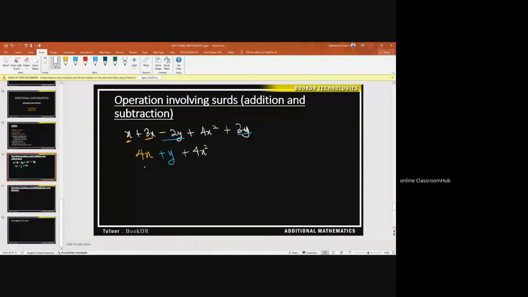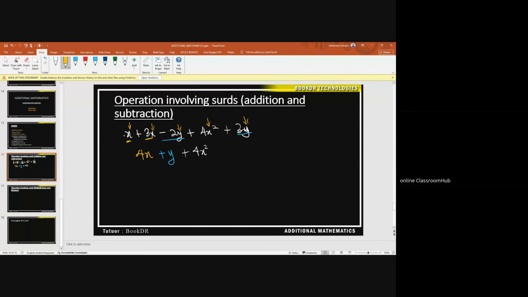If we look at the algebra that we did, when we want to look at like terms, your emphasis is on the variables. That is where your emphasis is, to be able to identify whether a term is a like term to the other. Once you have identified the like terms, you only add the coefficients.